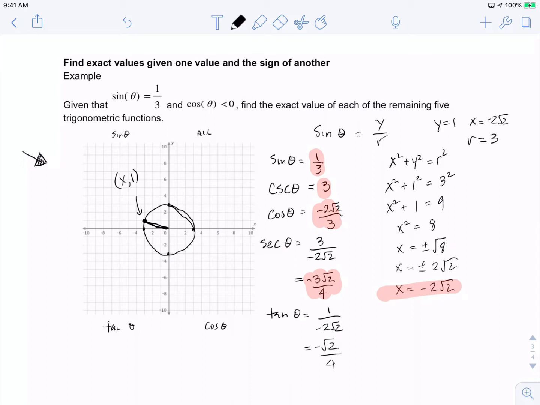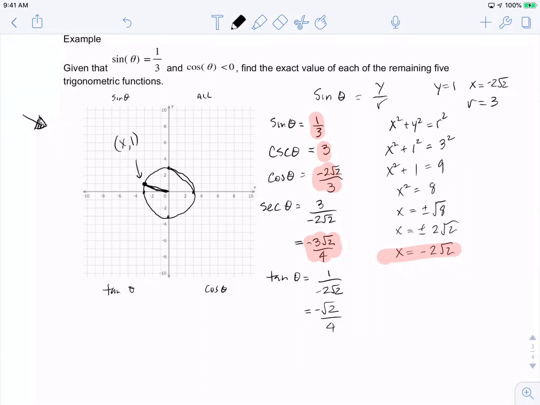Now cotangent theta is going to be x over y. So it's negative 2 radical 2 over y, which is 1. And that cleans up to be negative 2 radical 2. I don't need the fraction because we have it. And there's the answer for cotangent.